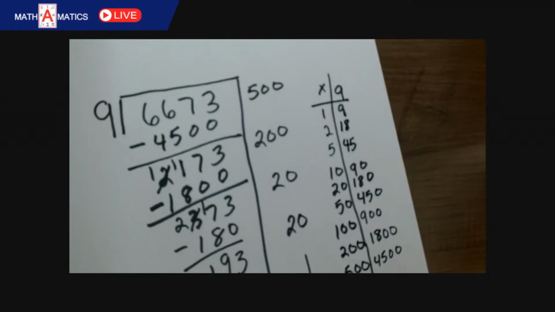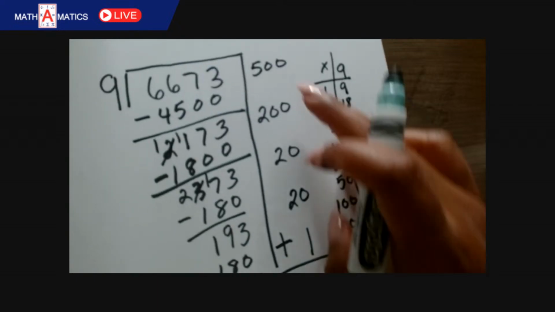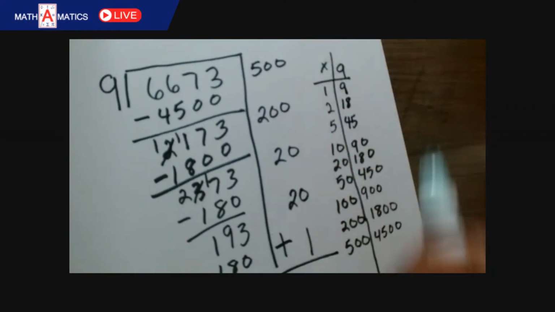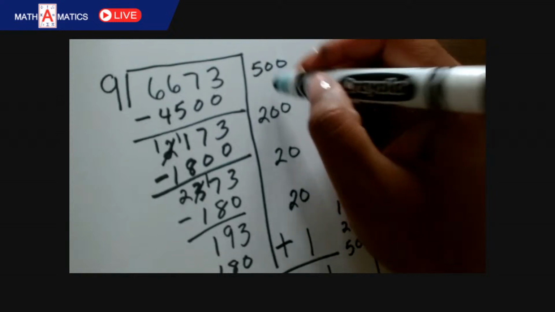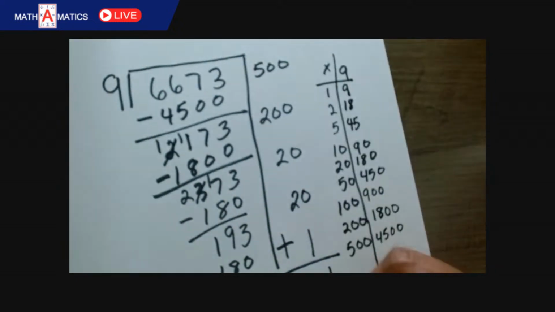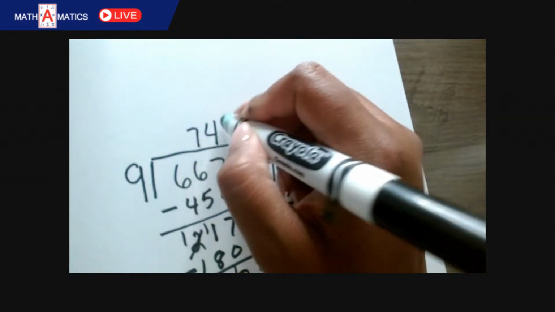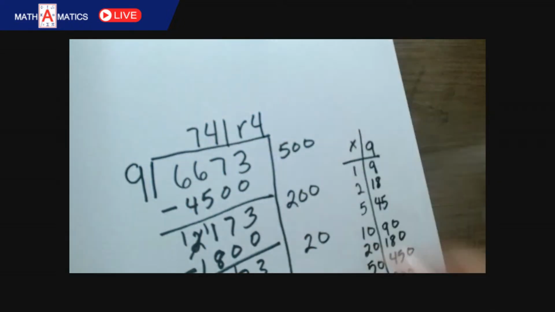So now we are going to add these up based on place value, 500, 220, and 20. So we'll get 1, and then 2 and 2 is 4, and 5 and 2 is 7. So our answer is 741, remainder 4.